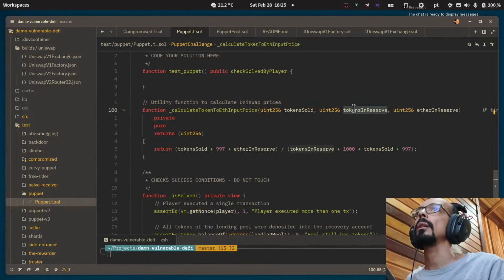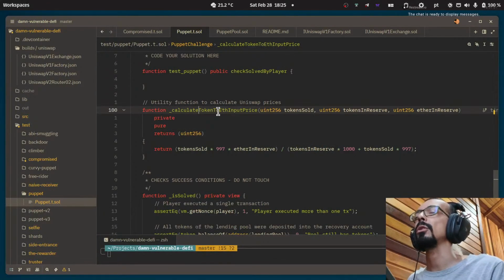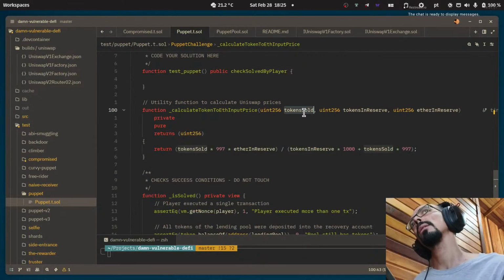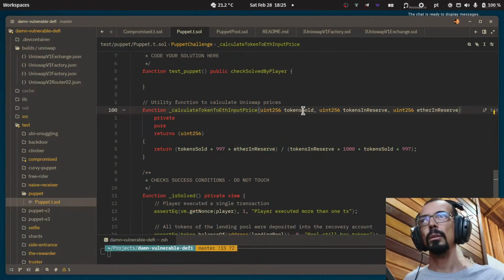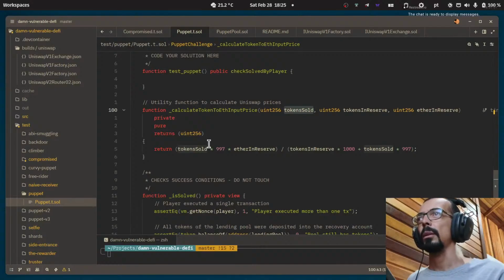We need to see how that calculates the token to Ethereum input price. So tokens sold, how many tokens are in the reserve, how much Ethereum. They do a calculation to tell us what the price is.